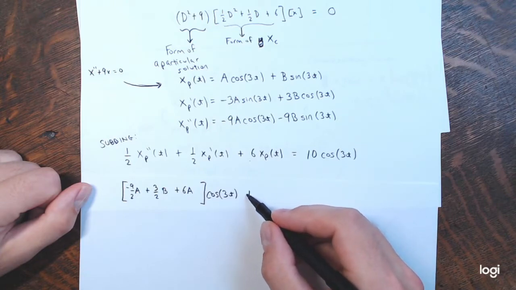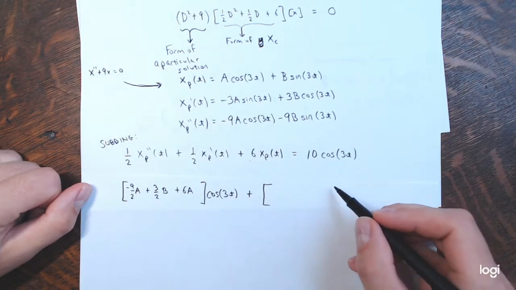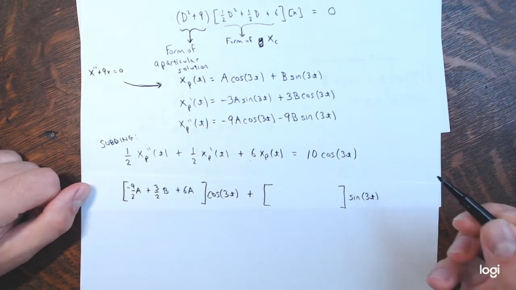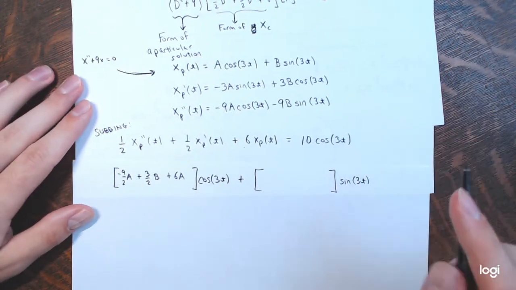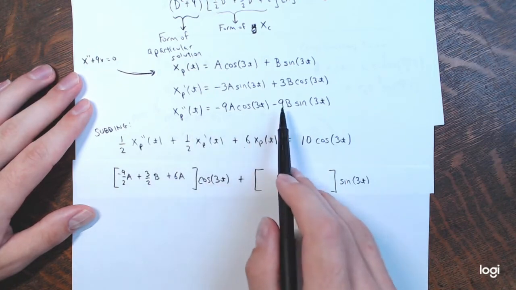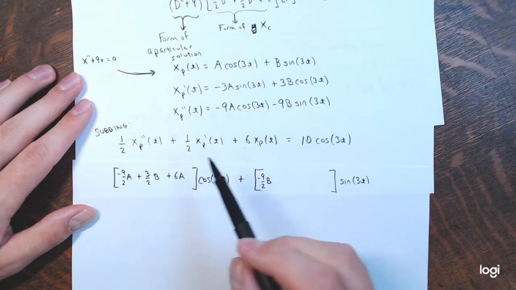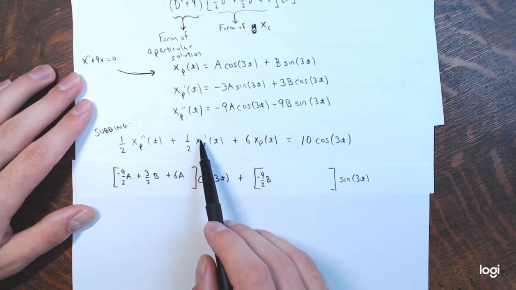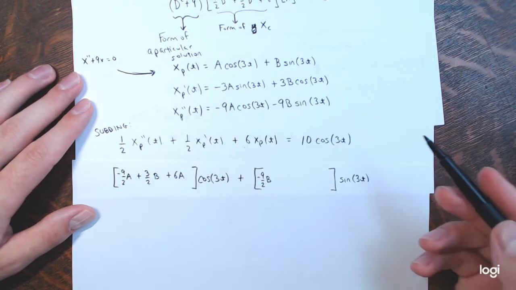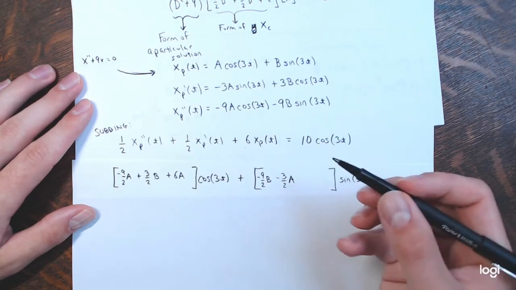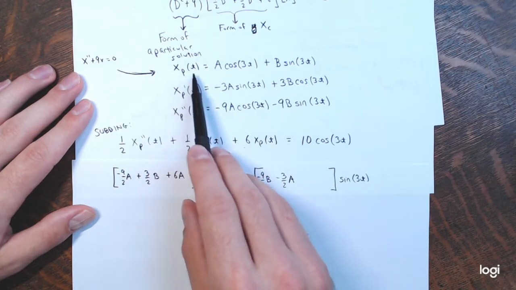And then you have the stuff with the sine of 3t as well. So you have half of xp double prime, so negative 9 halves b, then plus a half of xp prime, minus 3 halves a, and then plus 6 of xp, so plus 6b.